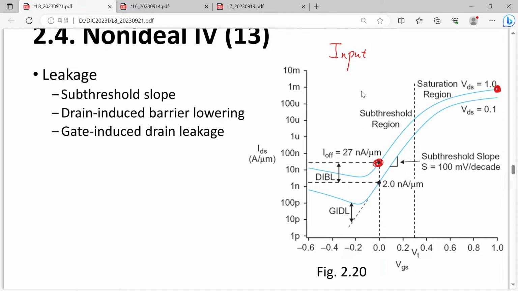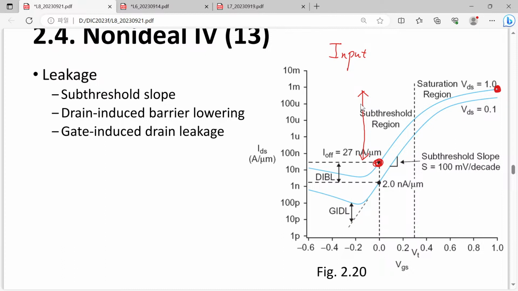Depending on the device options, you can control these two values, and their ratio is quite important. For high performance, that ratio is not that important. For a low power device, that difference is quite important.